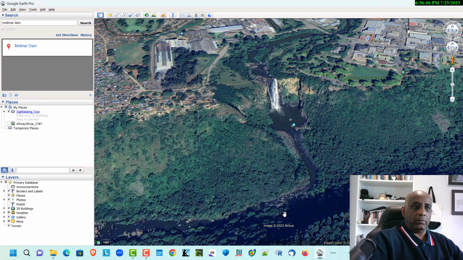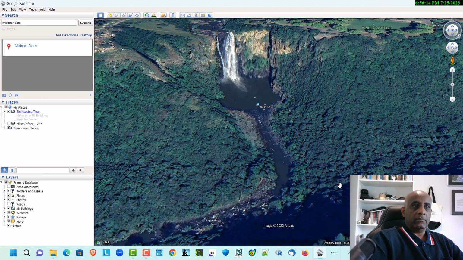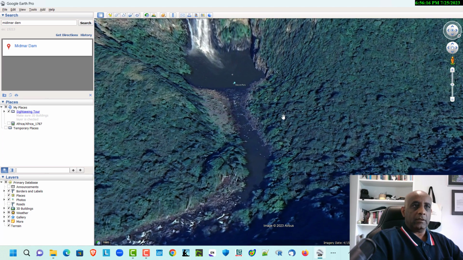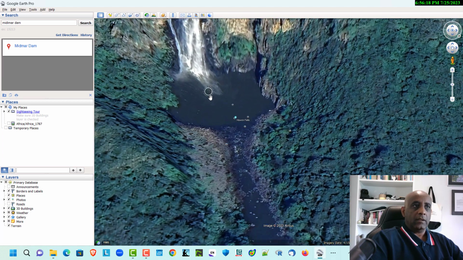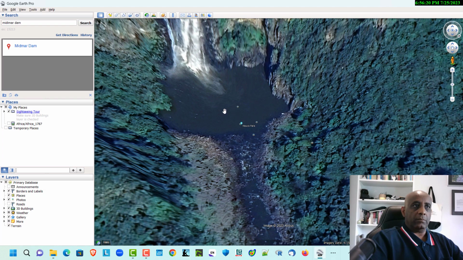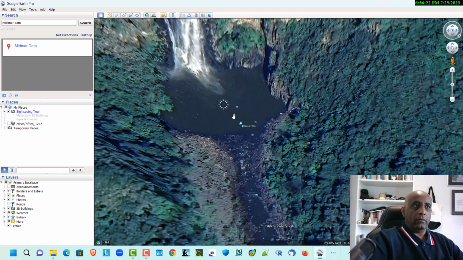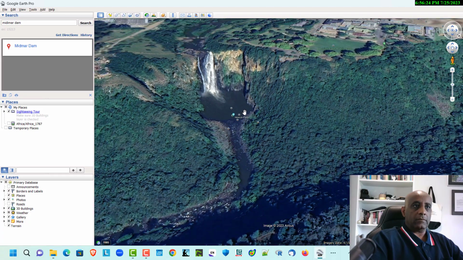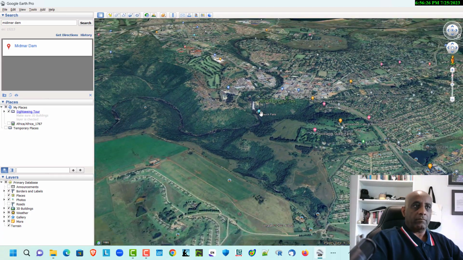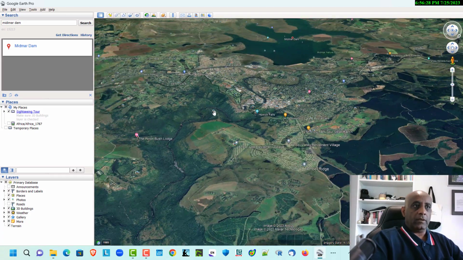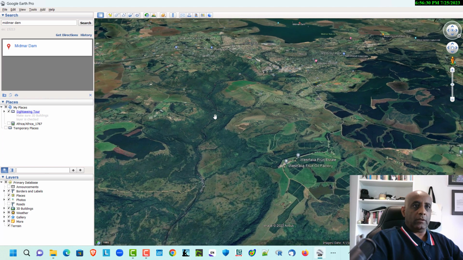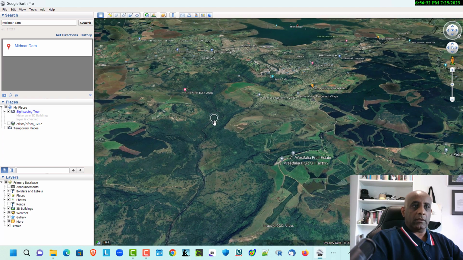This one is below, this one is 150, the total elevation difference maybe. You see, this is the plunge basin, where the fall dissipates energy. It is called the Umgeni Gorge or something like that.